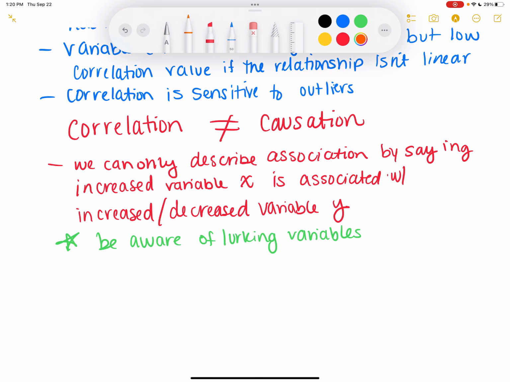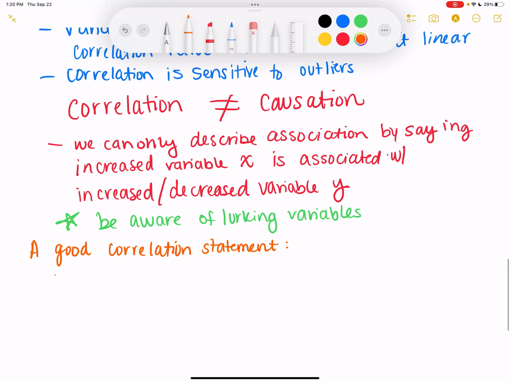So a good correlation statement, because we always need to wrap up whatever we say with some kind of a conclusion statement. I'm going to tell you what a good one would say, and then what something assuming causation would say.